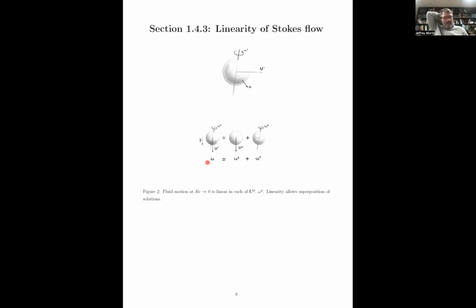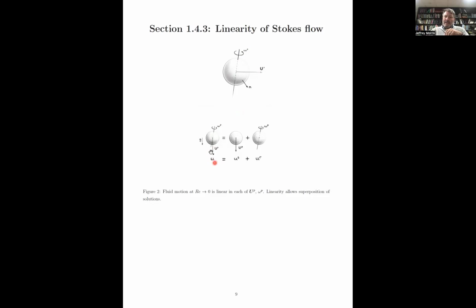So let's think about this linearity. One of the first things is that it allows superposition of solutions. So here, if I have a particle and it's undergoing a translation and a rotation, so that's shown below, although the velocity seems to have gotten turned here.